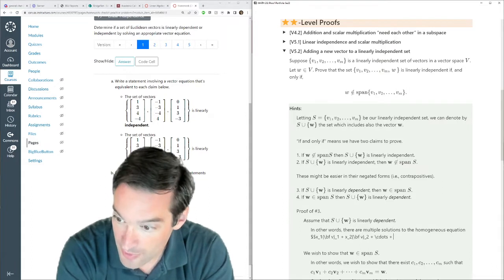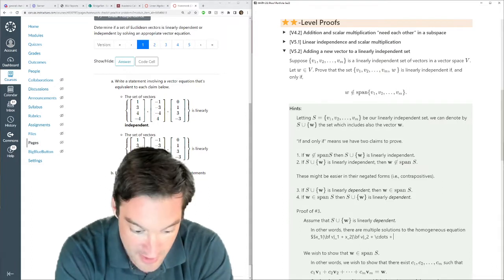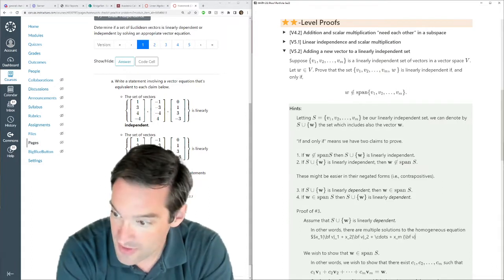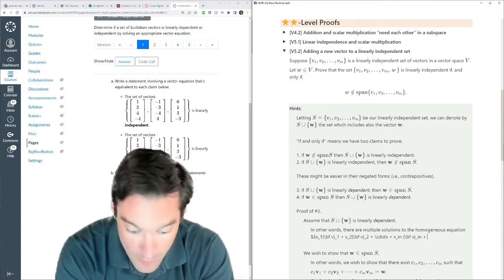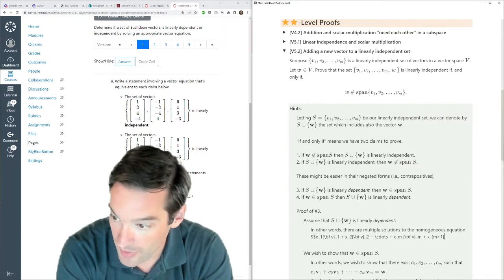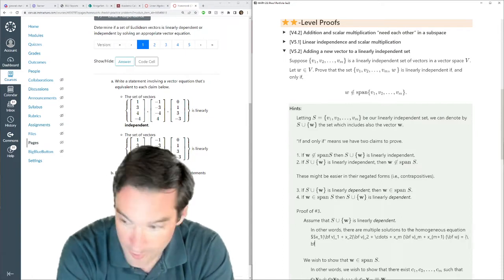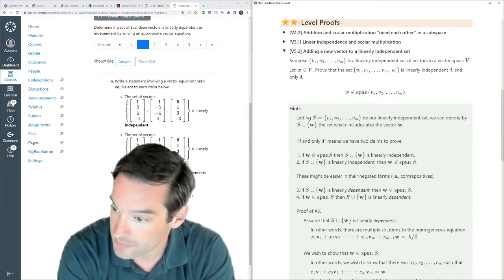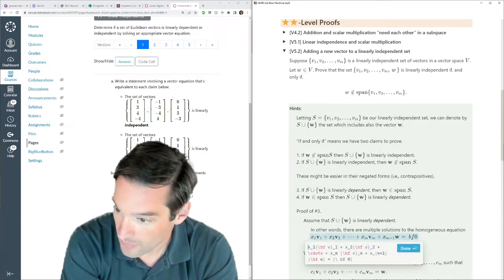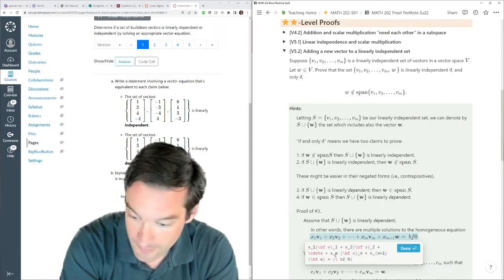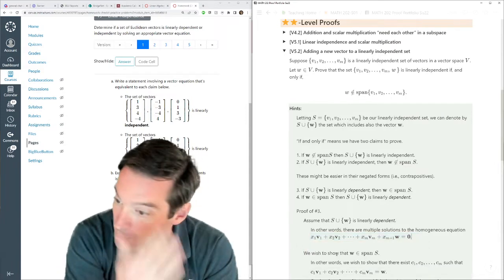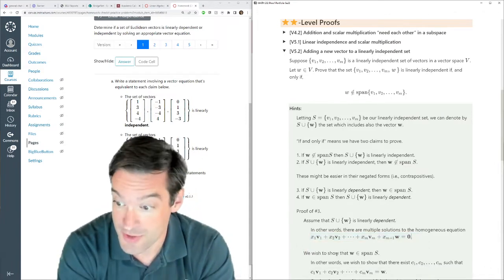It goes up to the last vector in the set S, so x sub m, v sub m. But then my set also has w in it, and so we have one more, let's call it x sub m plus 1, w is equal to the 0 vector. Oops. And backslash got messed up there. There we go.